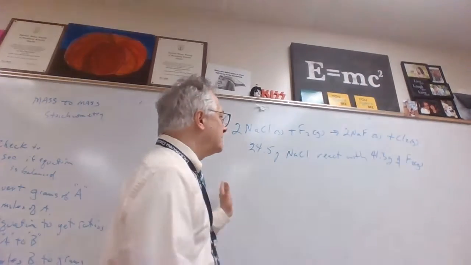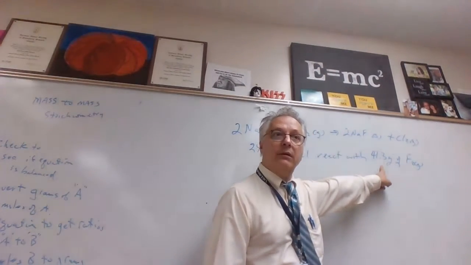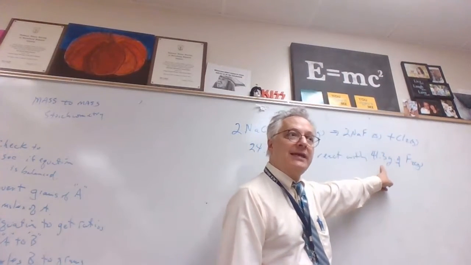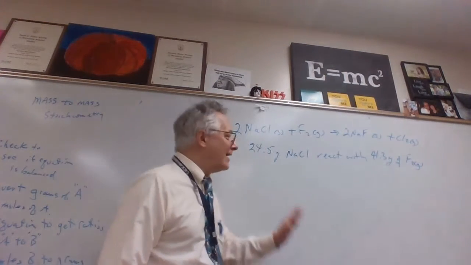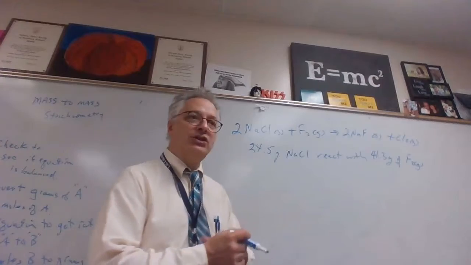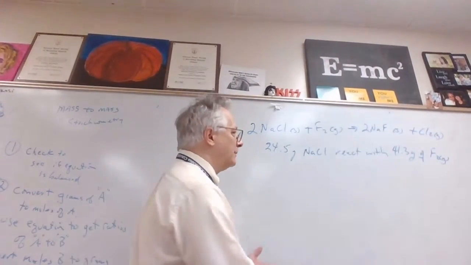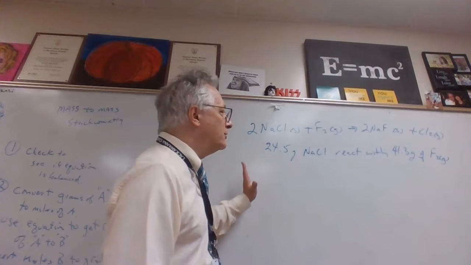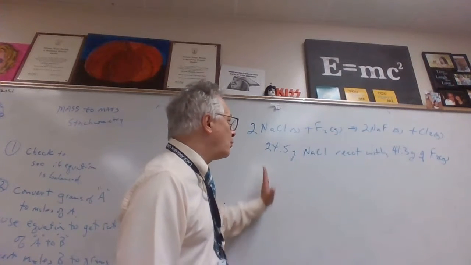Now, you might be tempted to say, well, I have more grams of fluorine here, so maybe that's the excess one. We can't do that. We have to do the calculation. The way I like to teach limiting reactant, other people teach it a little bit differently, is to do the calculation twice.